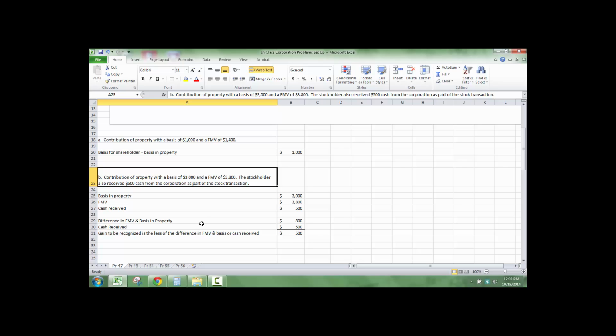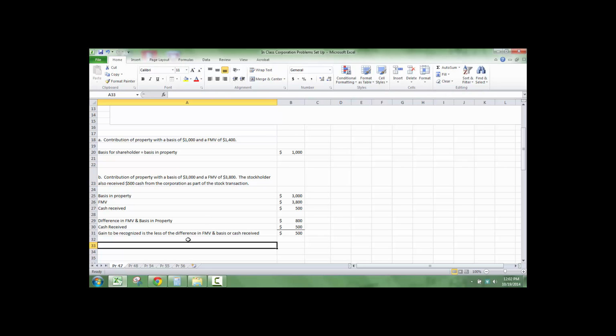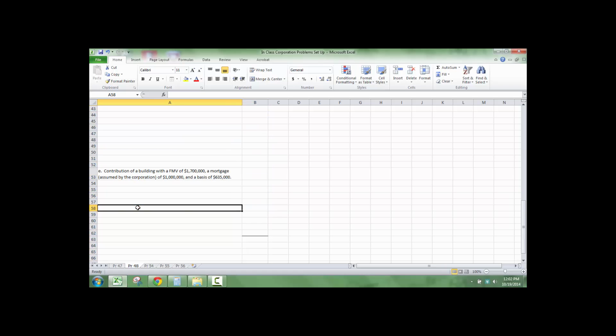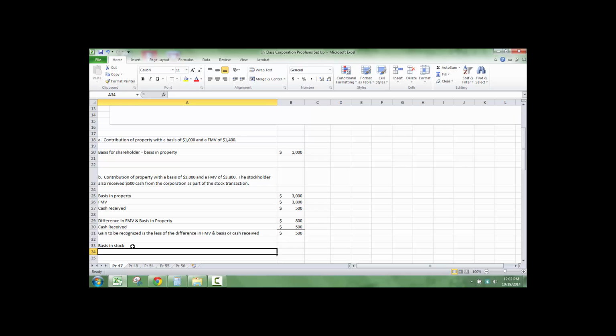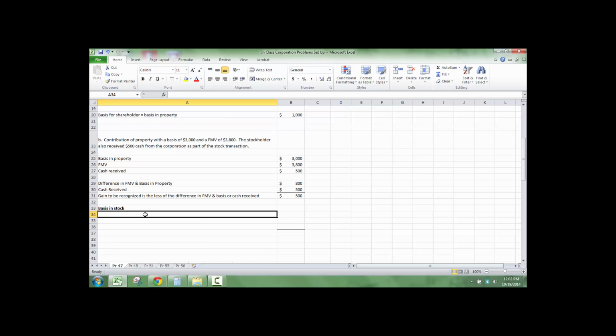Now we have to determine what the shareholder's basis is. So calculate the basis in the stock.